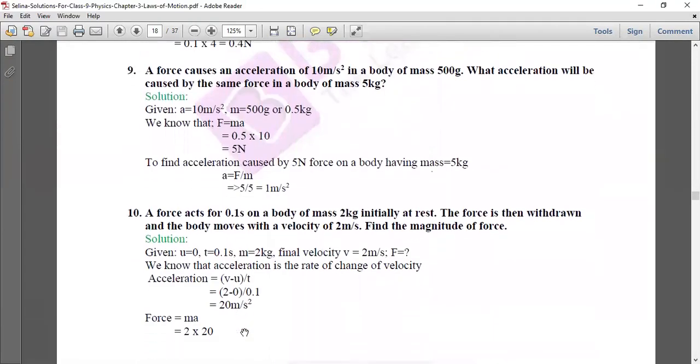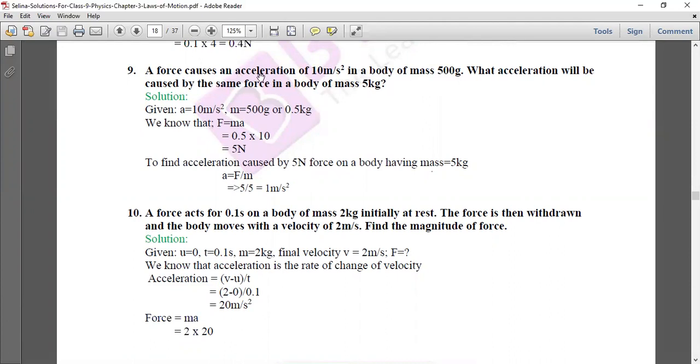Next, we will go to the ninth numerical. A force causes an acceleration of 10 meter per second square in a body of mass 500 gram. What acceleration will be caused by the same force in a body of mass 5 kg?